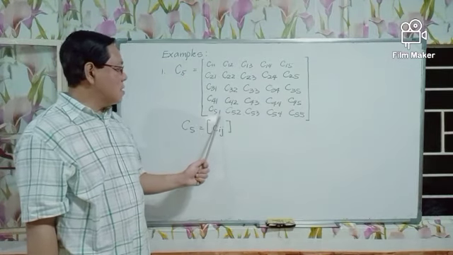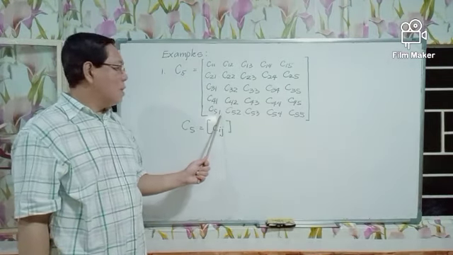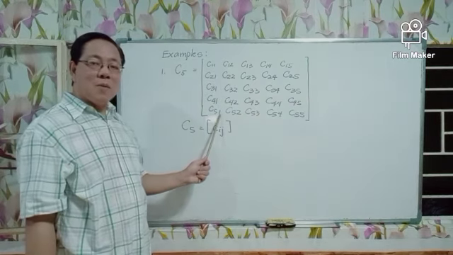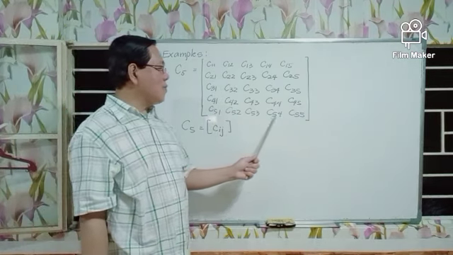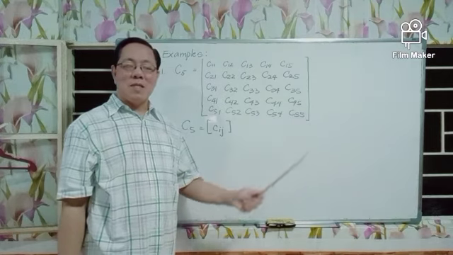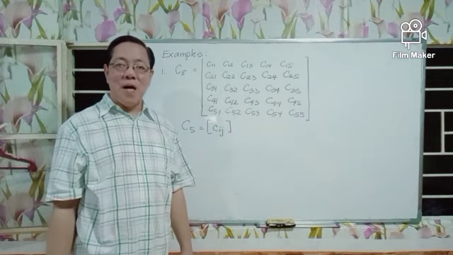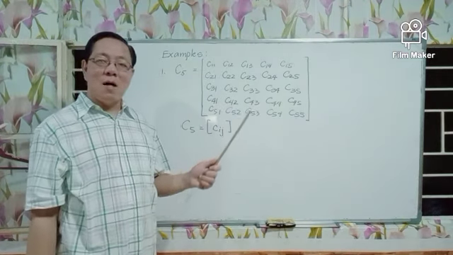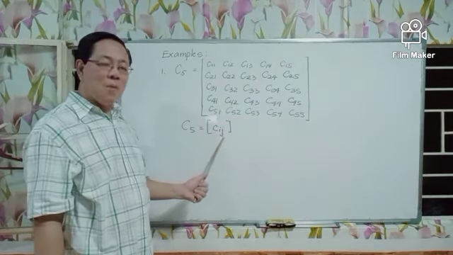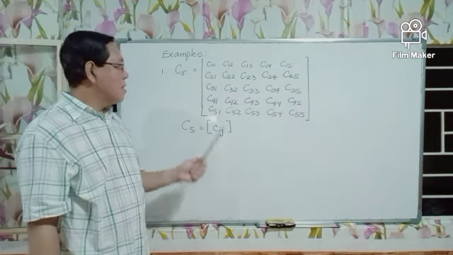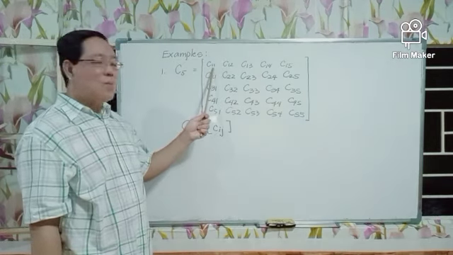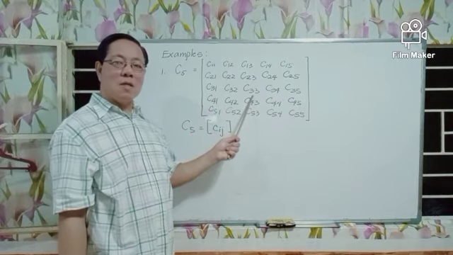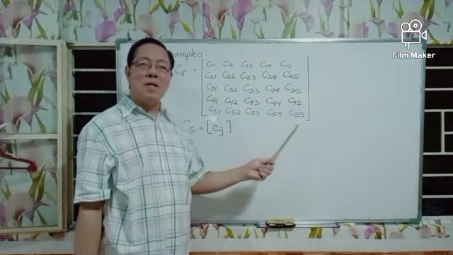If you count the second subscript, it goes from 1, 2, 3, 4, 5, which means that matrix C has 5 columns. And the diagonal entries are those entries c sub ij where i is equal to j. And those are the entries C11, C22, C33, C44, and C55.